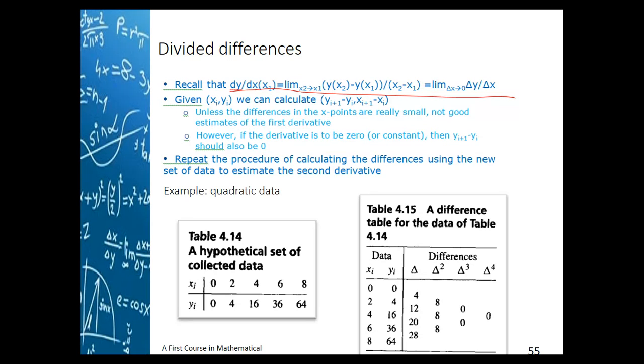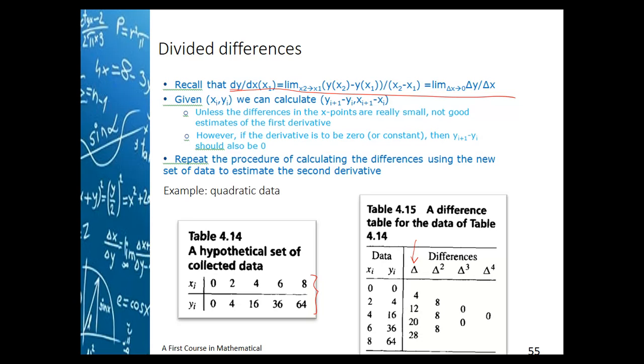By the end of the day, let's say these are the sets of data that you have: one, two, three, four, five sets of data. You organize your five sets of data here: 0, 0; 2, 4; 4, 16; 6, 36; and 8, 64. And then this is getting interesting, how you construct your first difference.